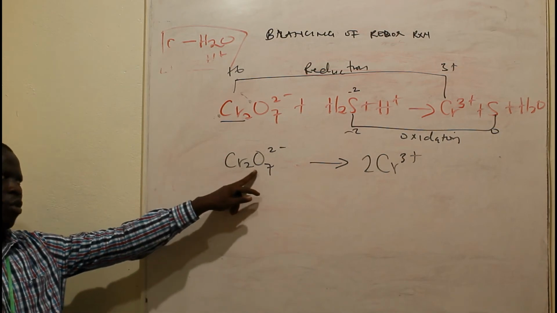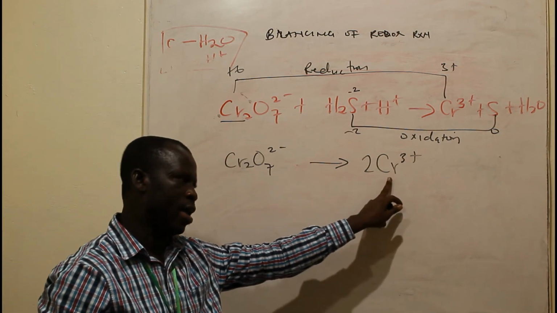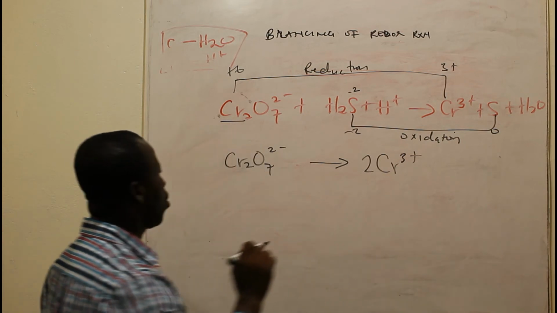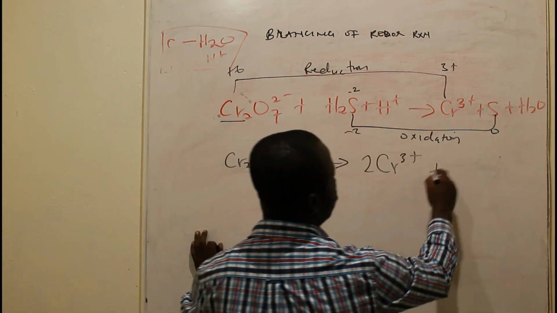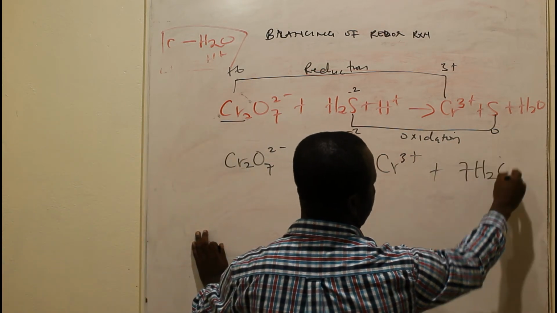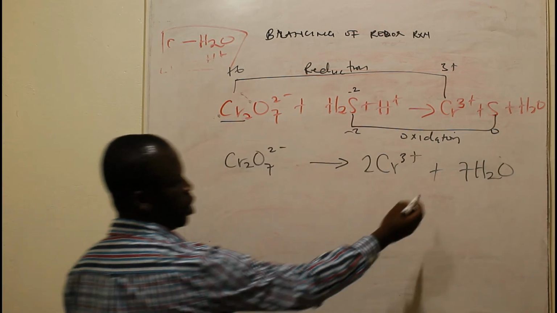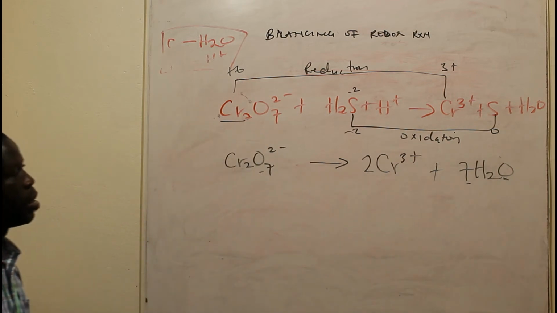We have 7 atoms of oxygen here and none here, so we need to put water there. So we put 7 molecules of water here, so there are 7 here and 7 there. So that's balanced.